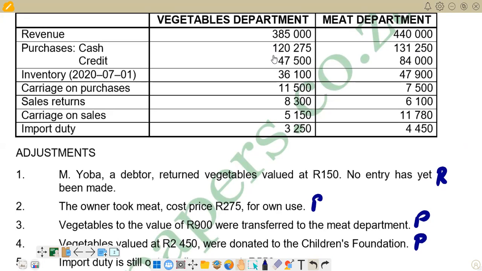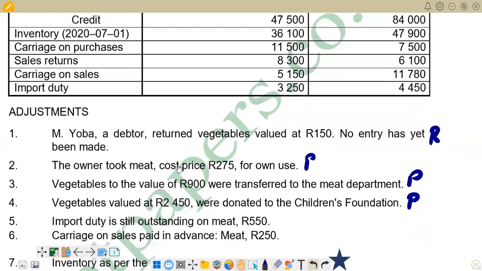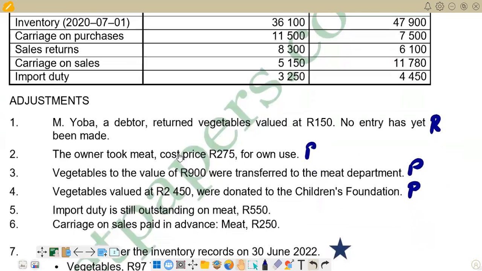And we know that for total purchases, we add cash and credit to get the total. Then we check any adjustment in the additional information that is affecting the purchases. We see that this one is affecting the meat department, so we can skip this one, but this one is affecting the vegetables.